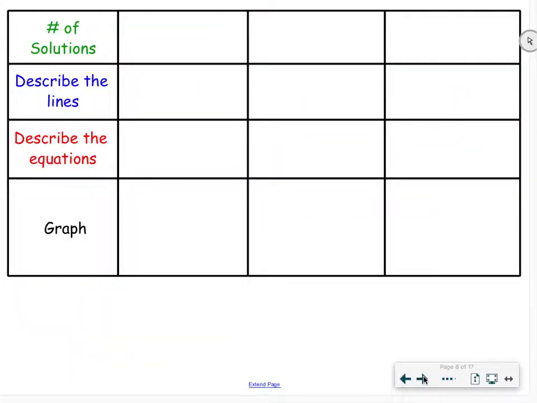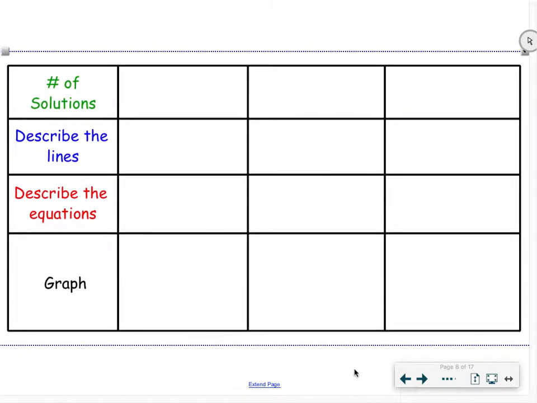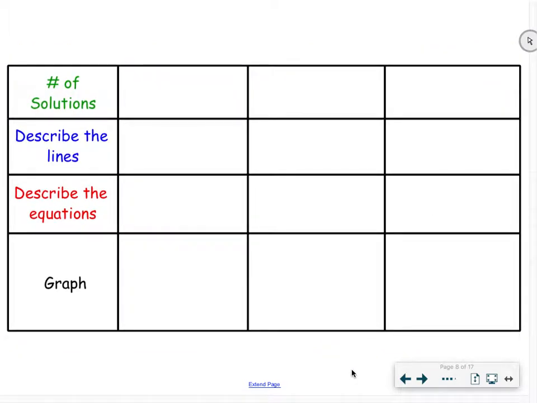Okay. Finally, we're going to summarize in a chart everything that we just did. So we have 3 different types of graphs. We could end up with lines that intersect, so we'll describe the lines as intersecting.